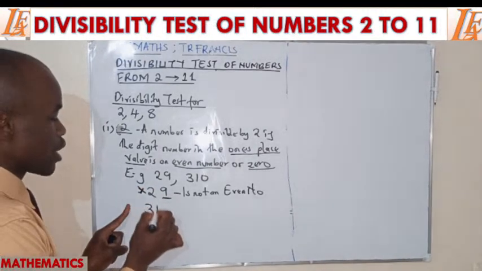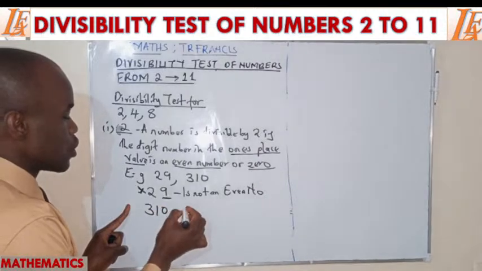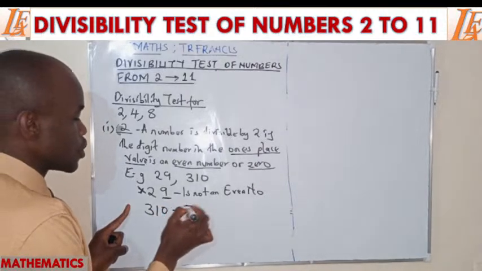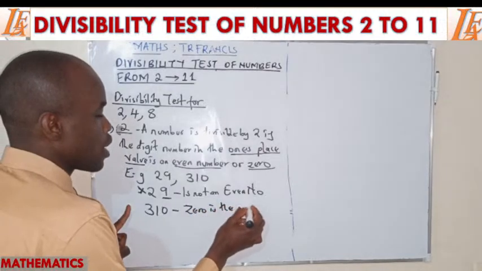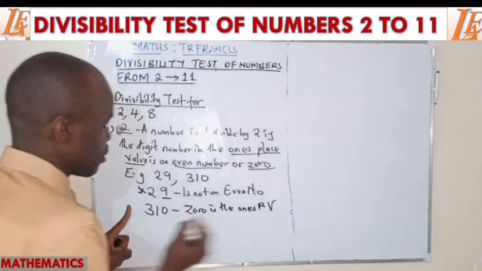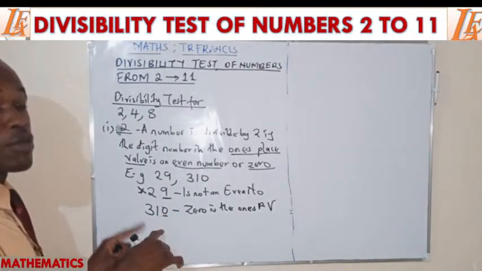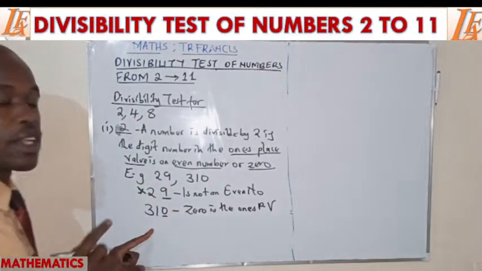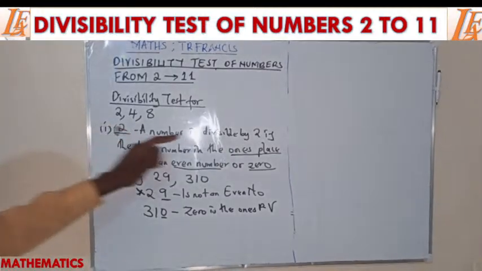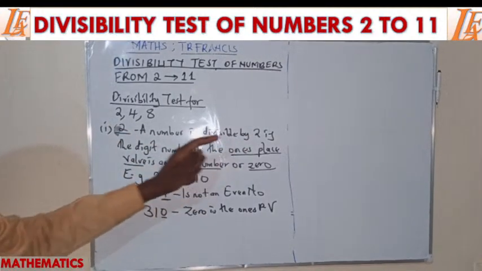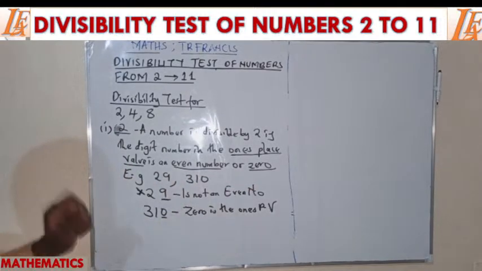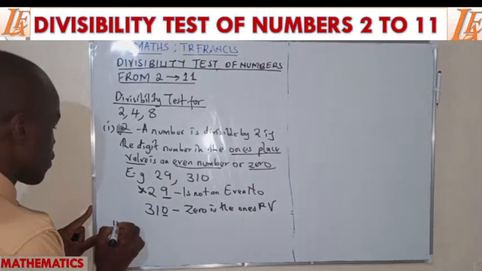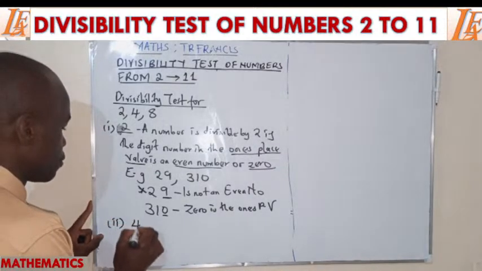Then 310 has 0 in the ones place value. Therefore, this number is divisible by 2. Just remember, a number is divisible by 2 if the digit in the ones place value is an even number or 0.